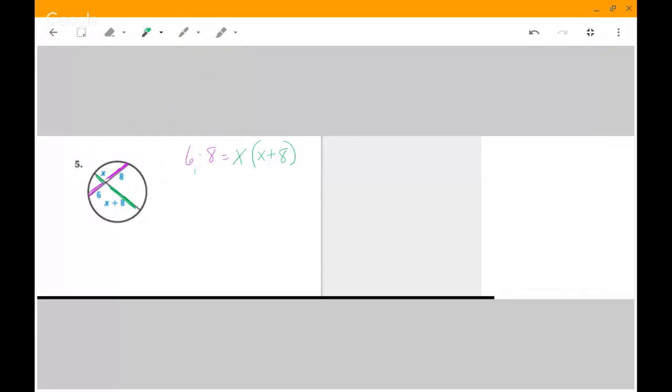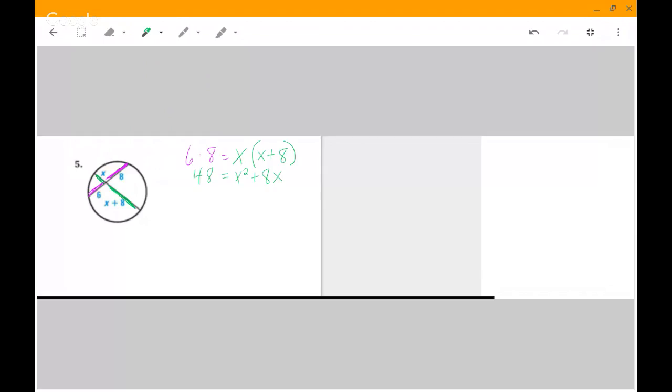6 times 8, 48. And then what do you get on the right side? X squared plus 8x. So then you get everything. I would move it to the right side. The reason I'm moving it to the right is because the a part, the number in front of x squared, I want to try to keep that positive if I can.